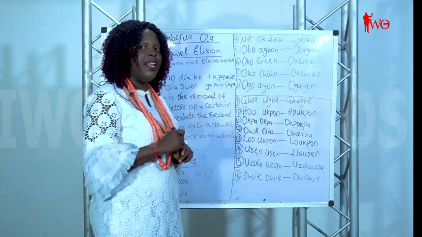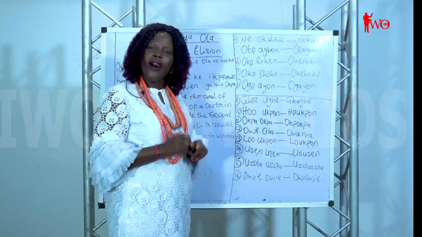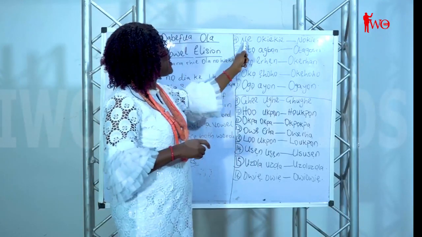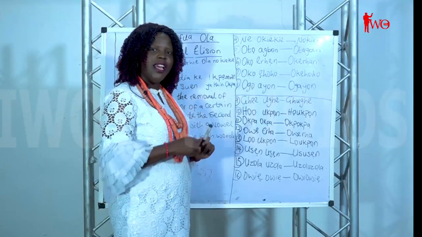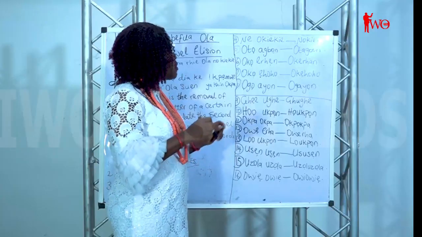Remember I told you earlier that words have to begin with a vowel letter. Now this word is Enokeke, which means the last one.